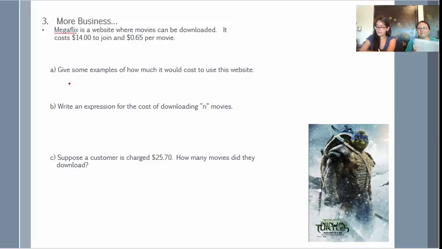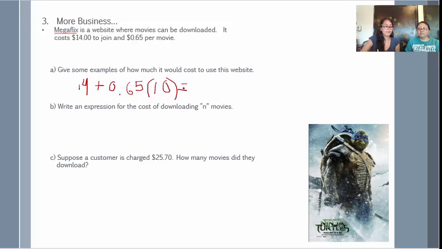Easy. So an example would be, let's say we ordered 10 movies. So we have the fixed cost, which is $14, plus each movie is 65 cents. And in this example, we're just going to say we ordered 10 movies.